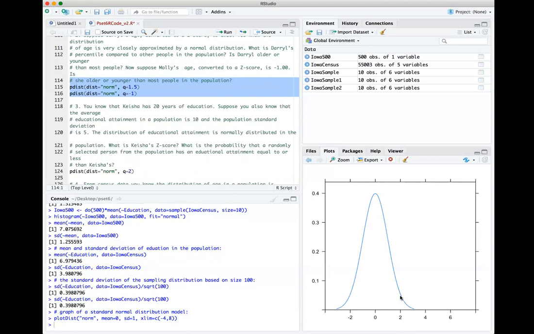The area to the left of me is the percent of people, say, below my height. Let's say my height, because I'm pretty tall, I probably have a z-score of 2. About 2% of the population is taller than I am, but 98% of people are shorter than I am. And that's what my percentile is.